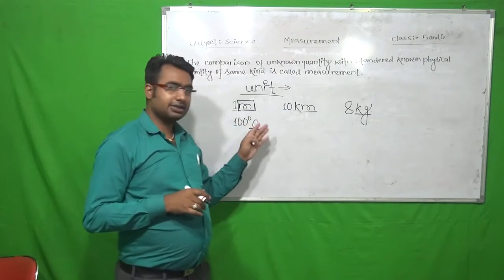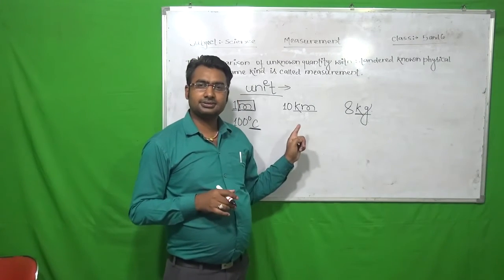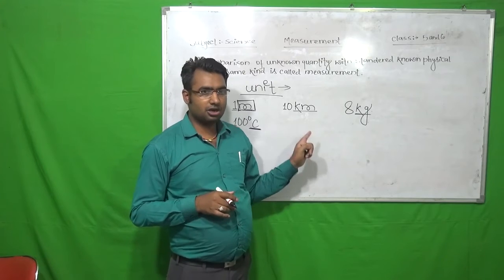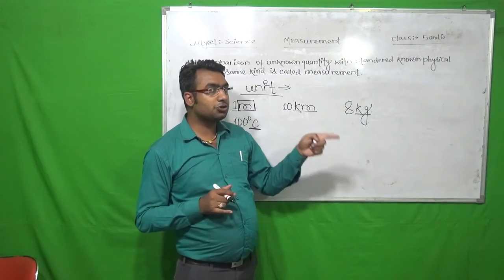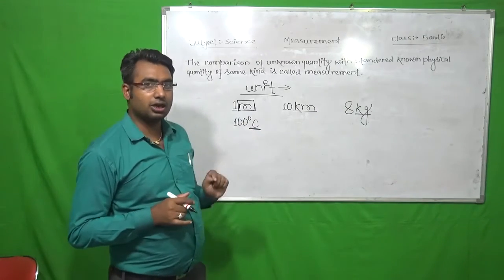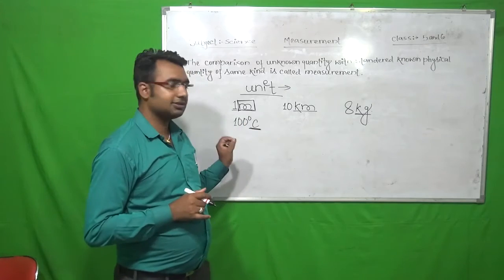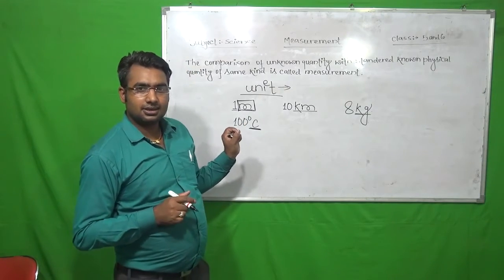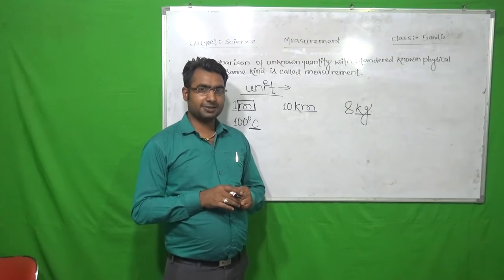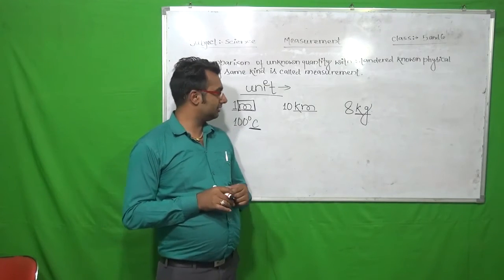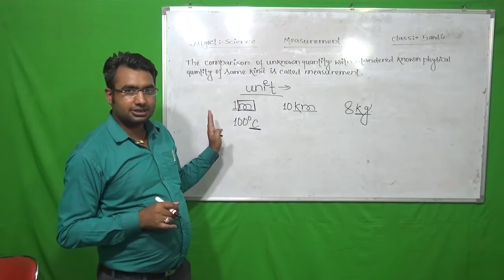Listen very carefully again. The standard physical quantity which is used to compare the unknown quantity and approved by the International Bureau of Measurement is called unit. Understand, everybody?